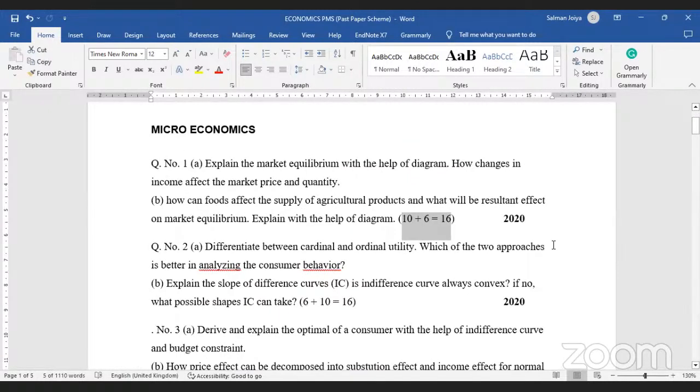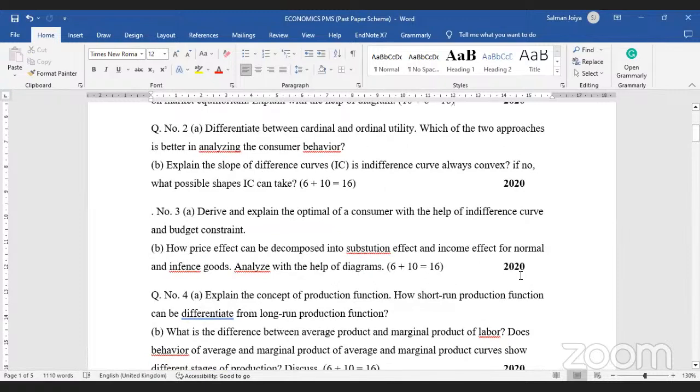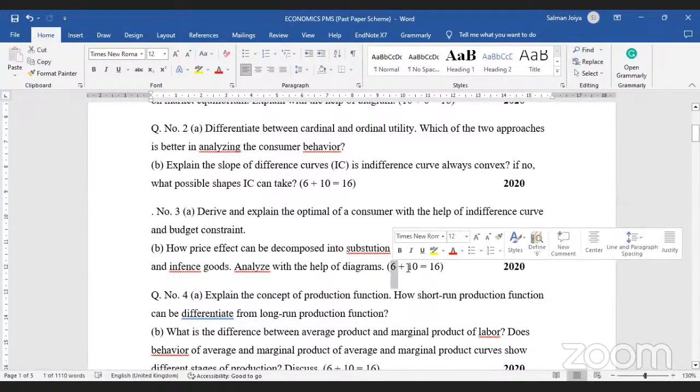One of the questions that was asked in 2020, portion A and portion B. Portion A is for 10 marks and portion B is for 6 marks. Likewise, here we have question number 3 for the year 2020, where portion A is of 6 marks and portion B is of 10 marks.